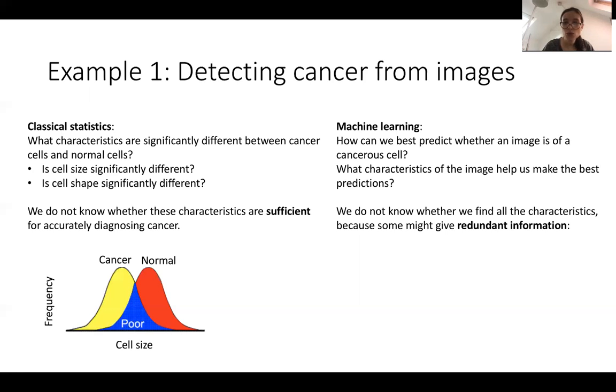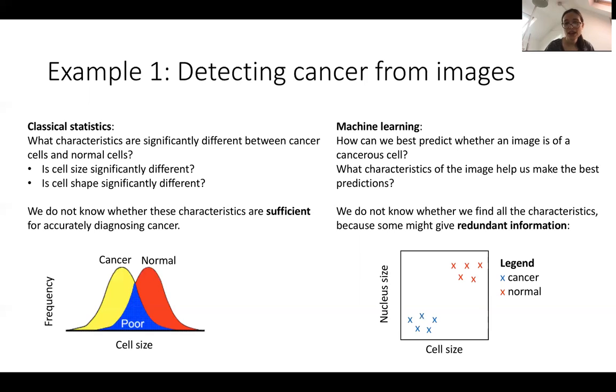In the end, we do not find all the characteristics that are significantly different between the two groups. In this example, nucleus size and cell size are both variables that are significantly different between the cancer cells and the normal cells.